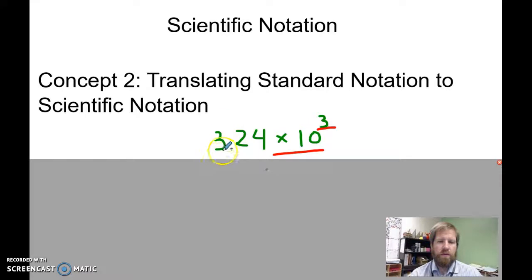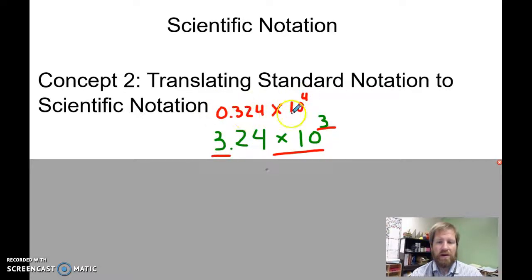Now, the one thing that won't change is that you will only ever have one number to the left of the decimal point. And you will always have a number to the left of the decimal point, and it should never be 0. Okay? If I turn this into 0.324 times 10 to the 4th, that looks pretty similar, right?